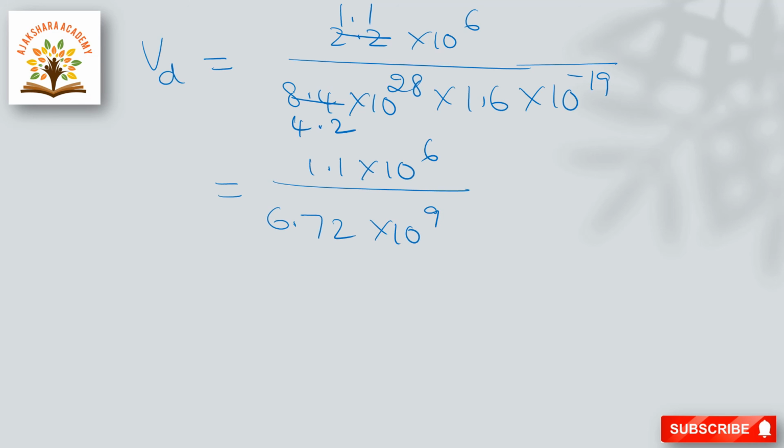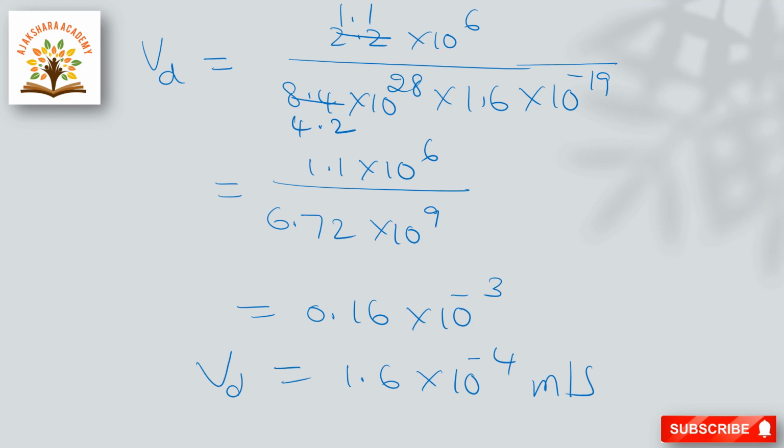Now 1.1 by 6.72, 0.16 into 10 to the power of minus 3. So this can be written as 1.6 into 10 to the power of minus 4. This is drift velocity. So therefore drift velocity is equal to 1.6 into 10 to the power of minus 4 meters per second.